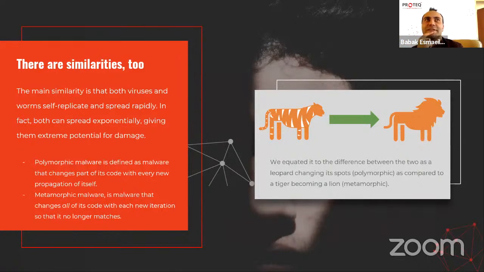To explain it, let me take an example: the HIV virus, we all have heard about it. The HIV virus can change the shape of itself and replicate itself again.